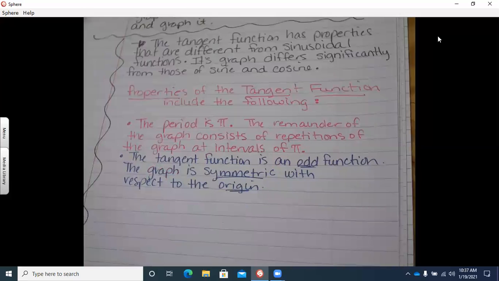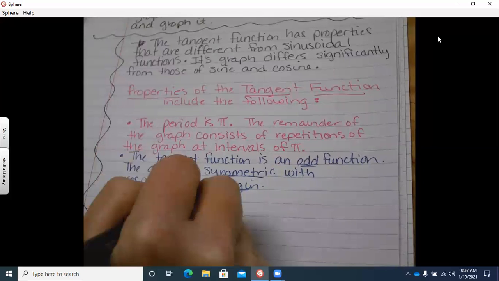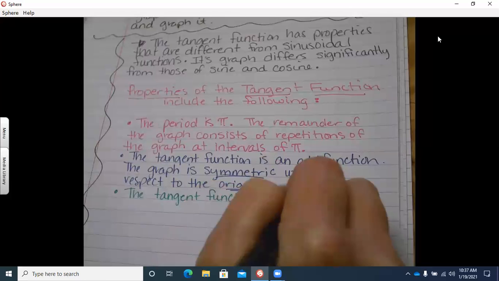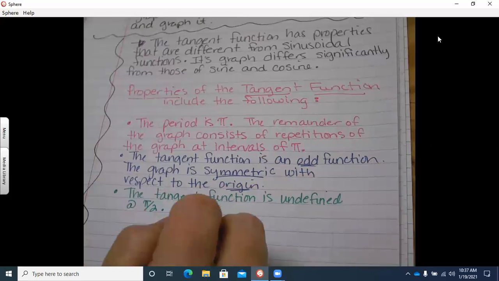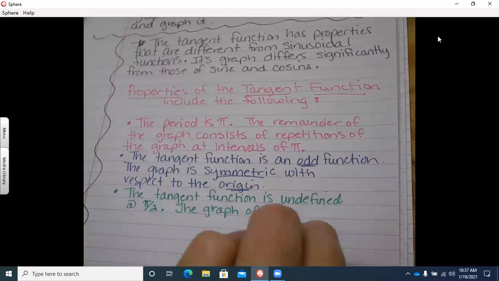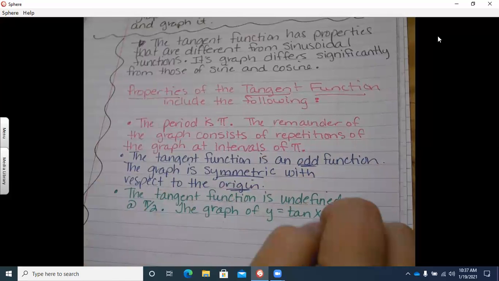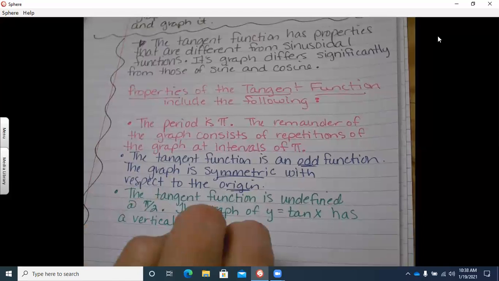The tangent function is undefined. The graph of y equals tangent of x has a vertical asymptote at pi halves.